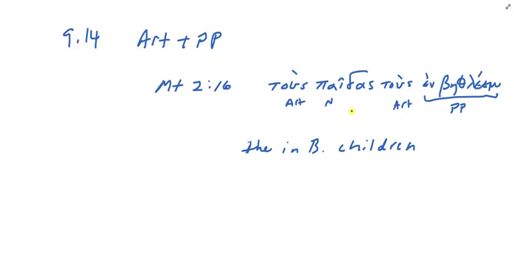In other words, when we have situations like this, we're going to use what in English is called a relative clause. The children who, or the children that are or were in Bethlehem. Okay, so just be careful when you see this because it's not good English, but it's good Greek. And you'll see this quite a lot. So anyhow, there you go.